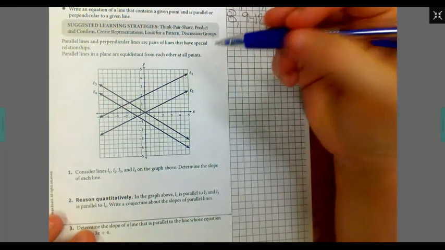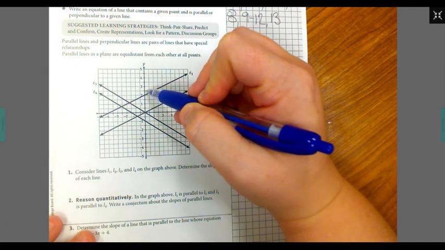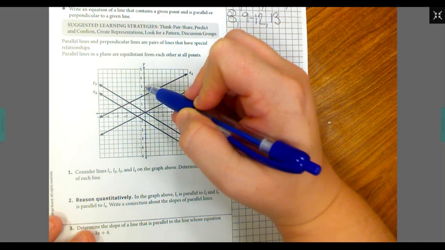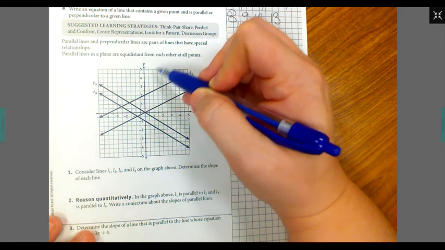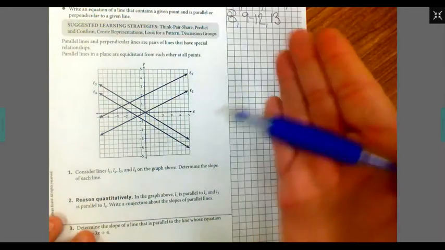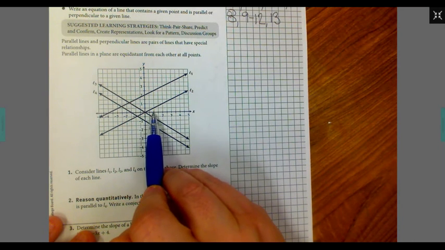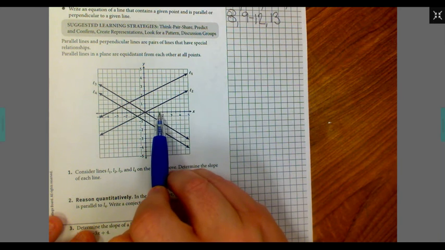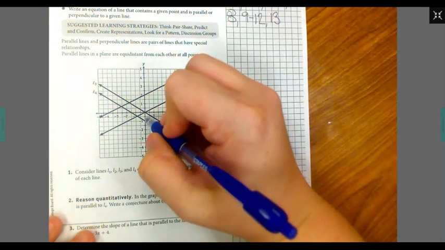Now we need to pay attention to our scale, because notice that we go from 2 to 3, but there's a hash mark in between. So it's counting by halves, even though it's not labeling every half. The same thing with our x's. Here we have 1, we have 2, but there's a hash in between. So keep that in mind as we count.